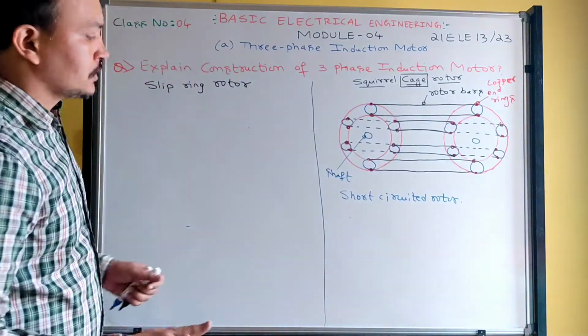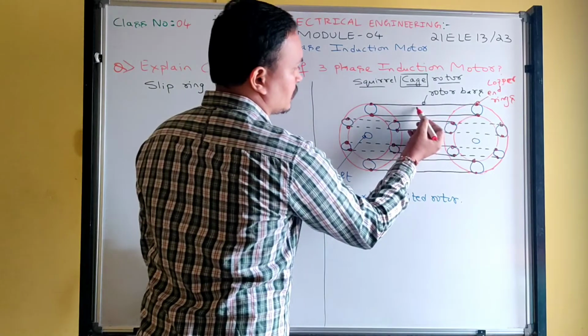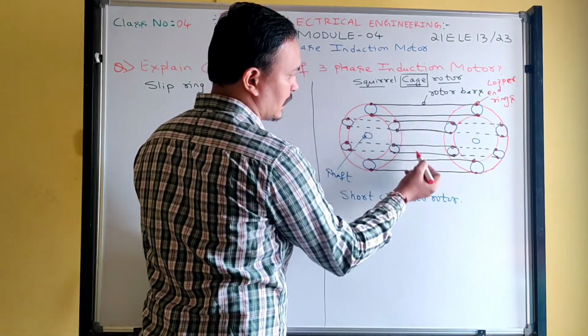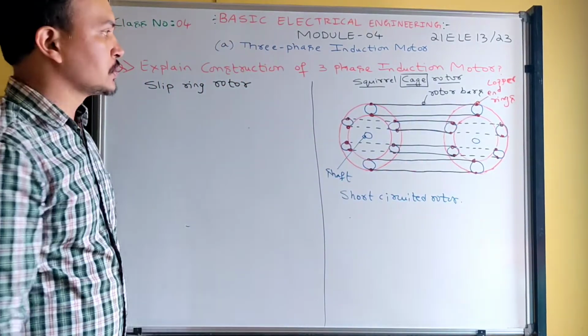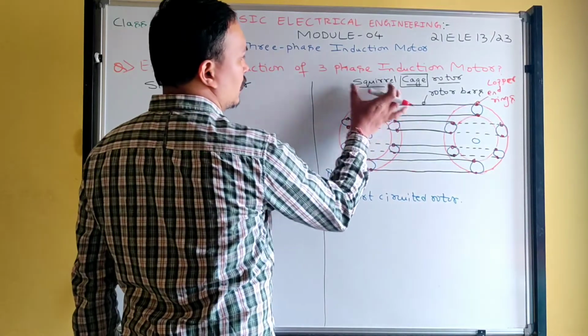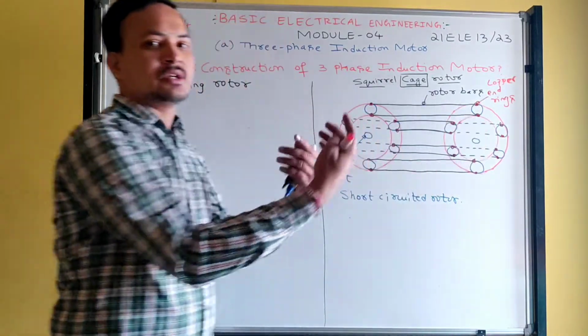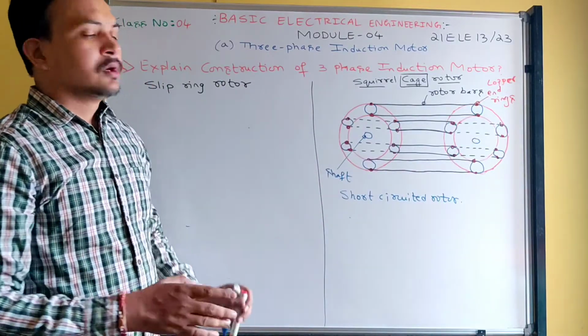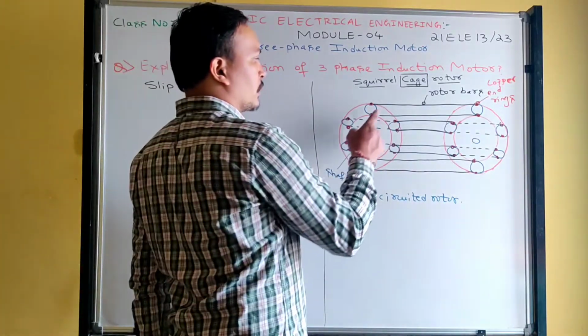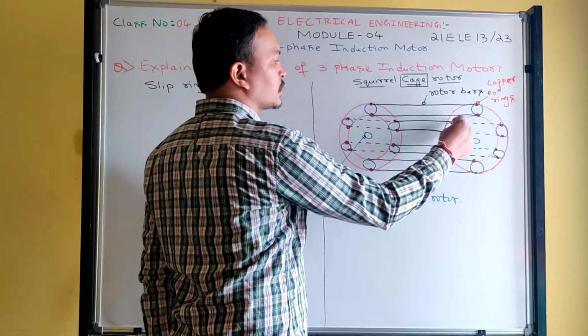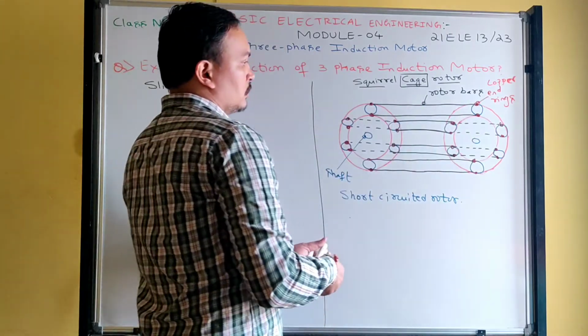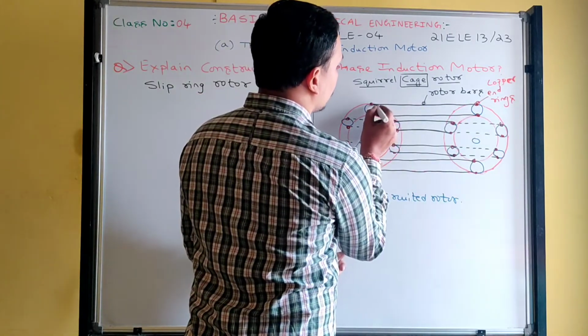Cage means, this line is looking like a cage. Understood? Then why do they call it squirrel? Anyhow, it is completely short circuited. You can connect a rotor bar from this hole to this hole, okay, like this.